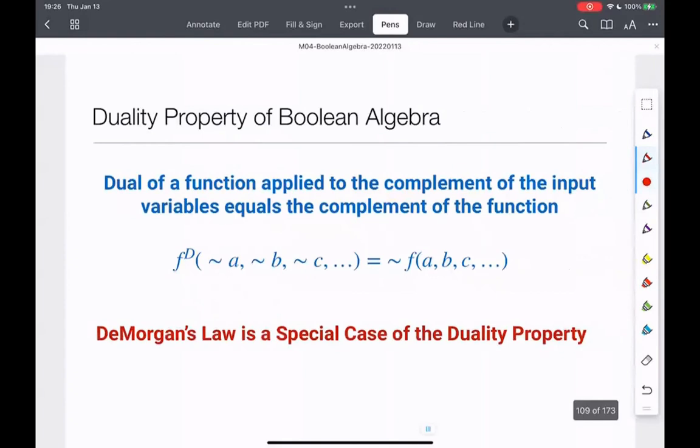Now, De Morgan's law is a special case of this duality property. You can convince yourself, going back, that that's all De Morgan has done. So this is a generalized form of De Morgan's law. It's applicable to an arbitrary Boolean expression, and this property would hold true.